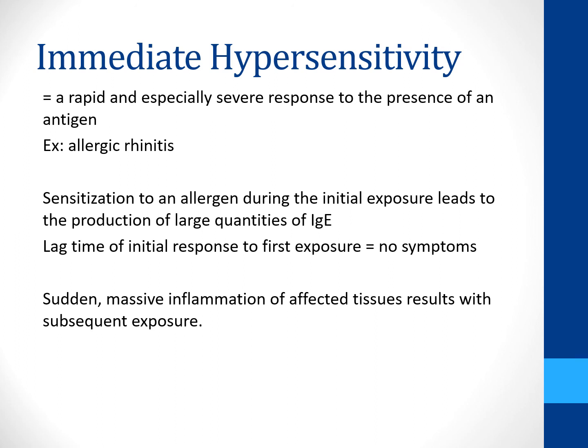Sensitization occurs during the initial exposure, and what happens is you have a large quantity of IgE production. But in that initial exposure, it takes a while for you to create the IgE, so you don't have any symptoms. But then with subsequent exposure, you have sudden massive inflammation of the affected tissues.